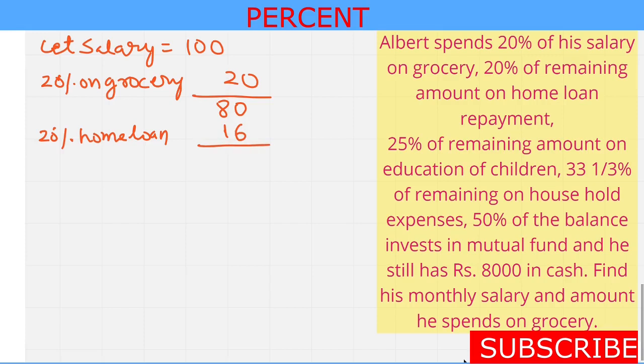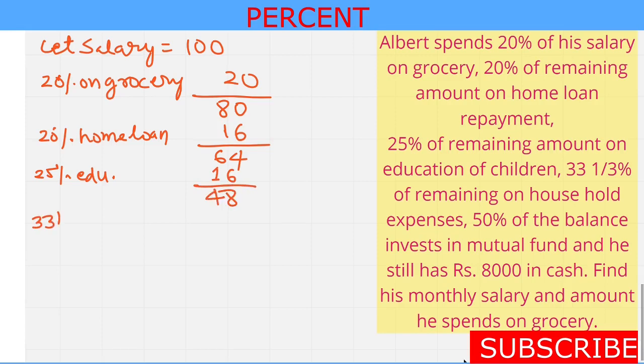Now remaining is 64. 25% of remaining, that is 25% of 64, he spends on education of children. 1/4 of 64 is 16. So remaining is now 48.